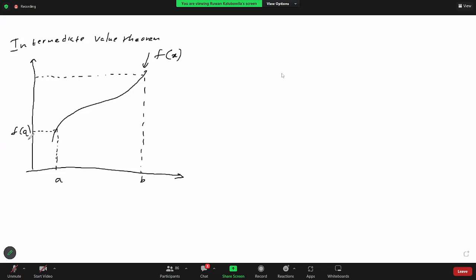Then the value is F(A). To find the y value at point B, that means F(B). So we have these values.